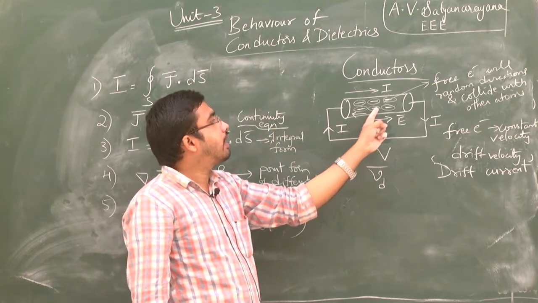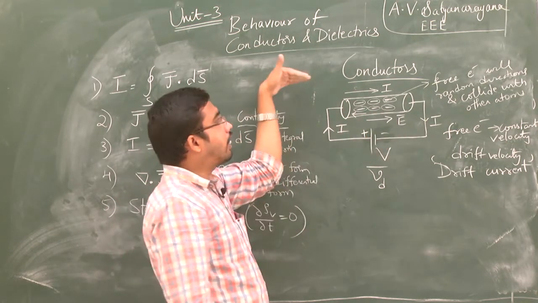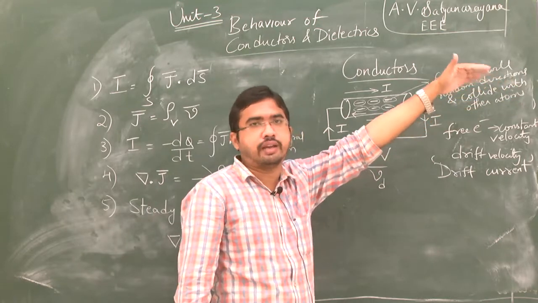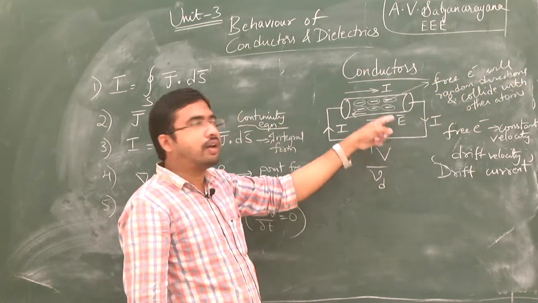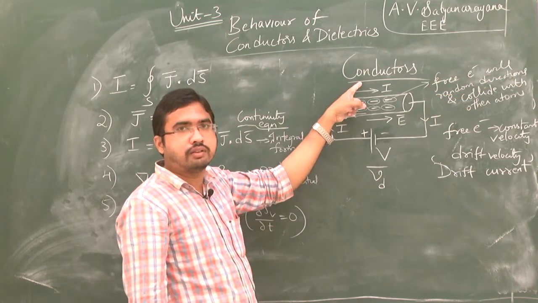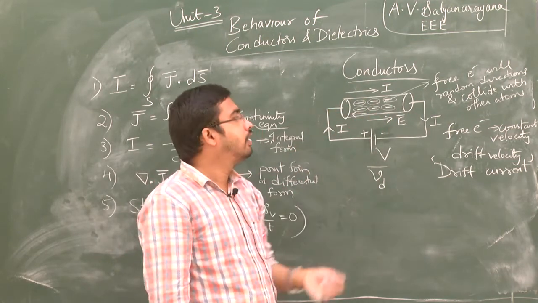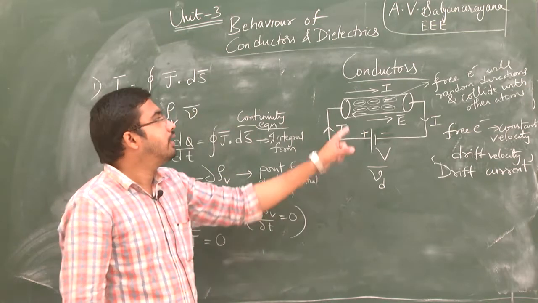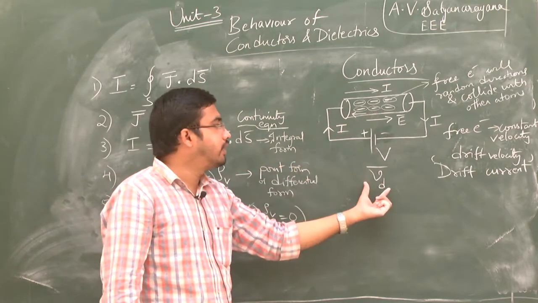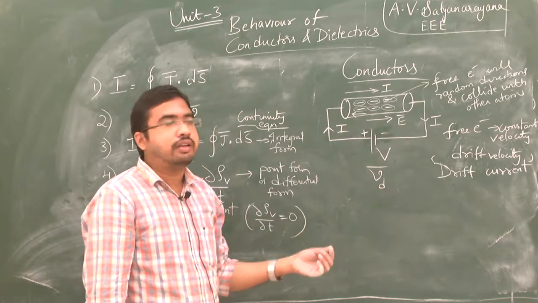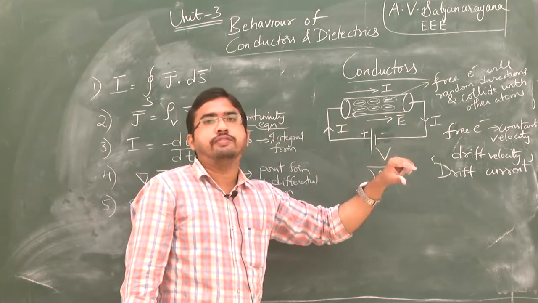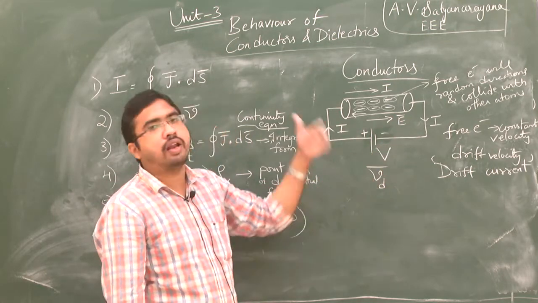You can observe electrons are flowing like this, and conventional current is flowing in the opposite direction. Now, these electrons are moving with drift velocity Vd, and if you apply more electric field, then you will get more velocity of the electrons.